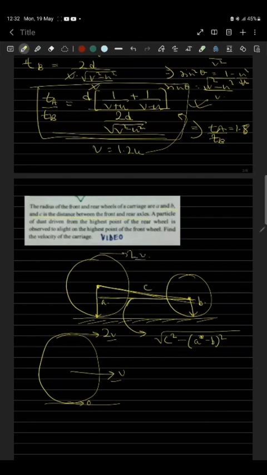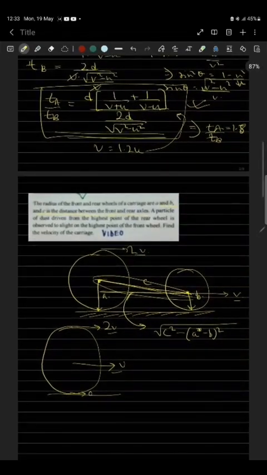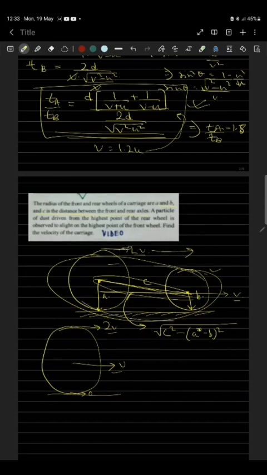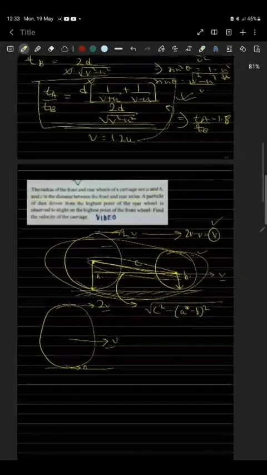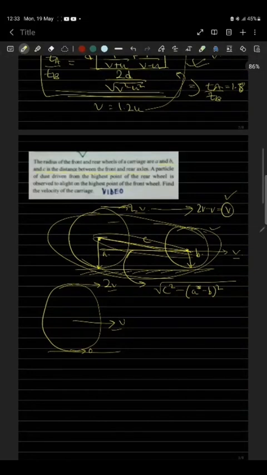It will go with the 2v velocity, and this entire apparatus is moving at the v velocity. So with respect to the CM frame of this apparatus, the particle is moving with an effective velocity of 2v minus v, which is given as v. Okay. So we are going to solve this question.